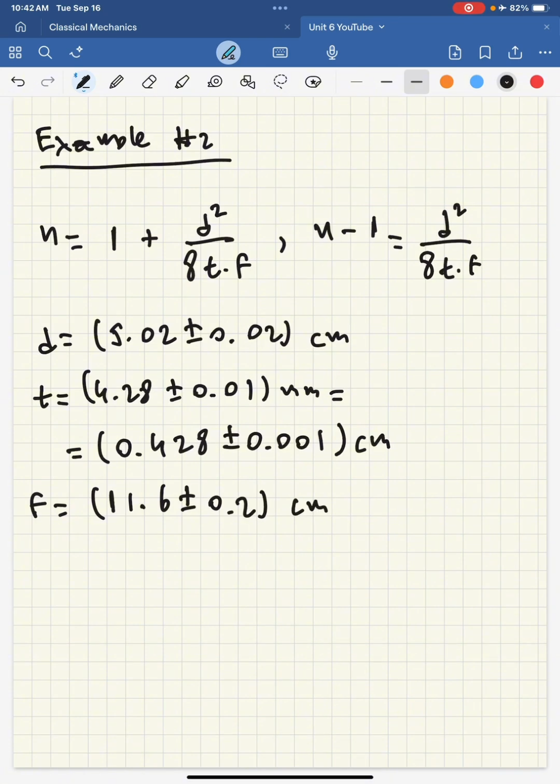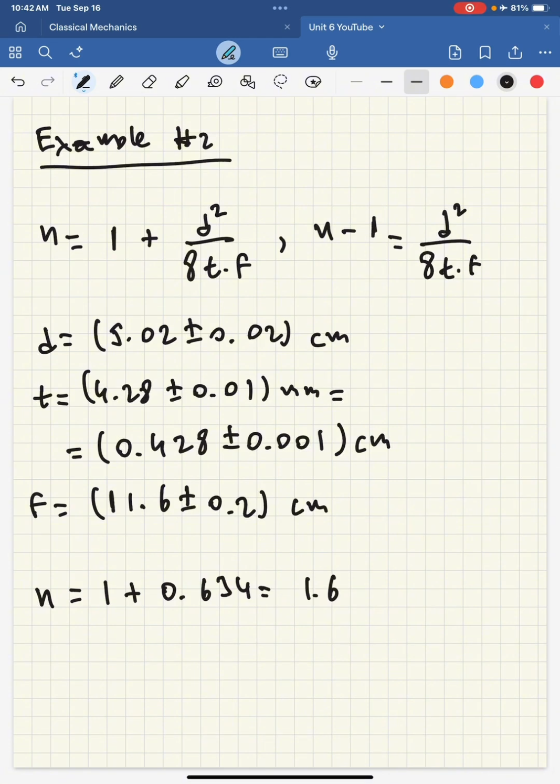If I'm not mistaken, this must be some index of refraction of some sort. But anyway, that's not a big concern. So I guess the first question would be to find what n is. So n is 1 plus the quantity, all these quantities work out to 0.634.